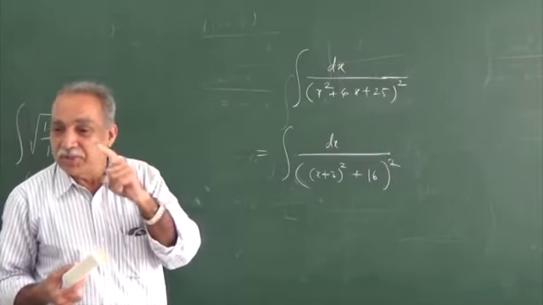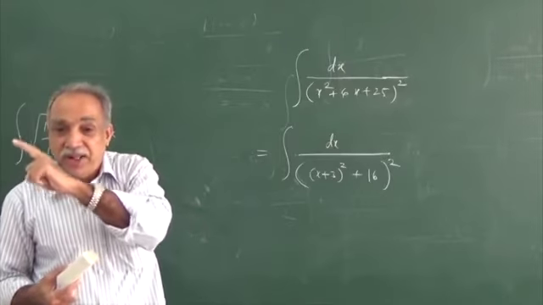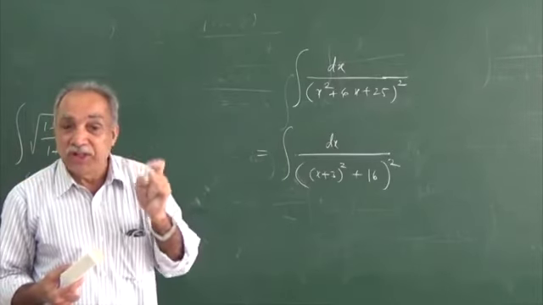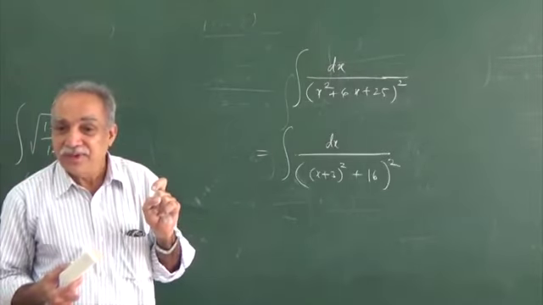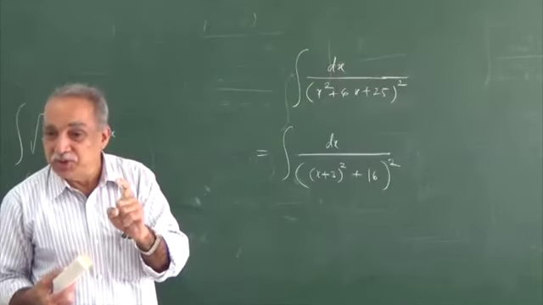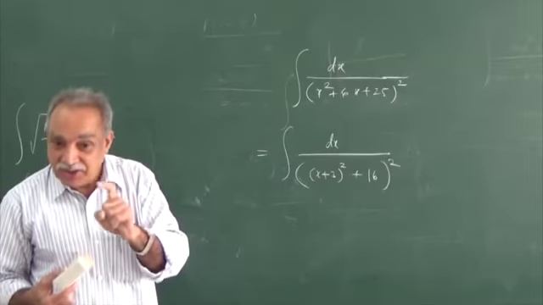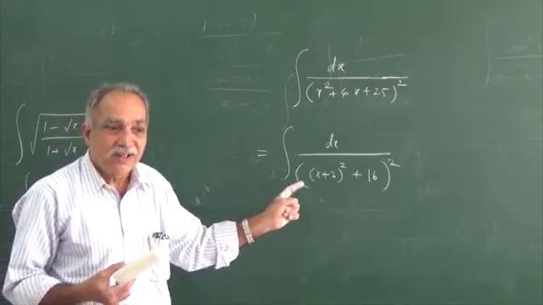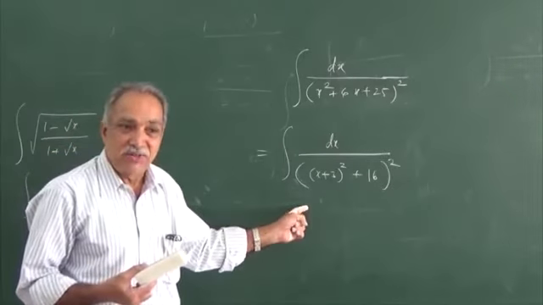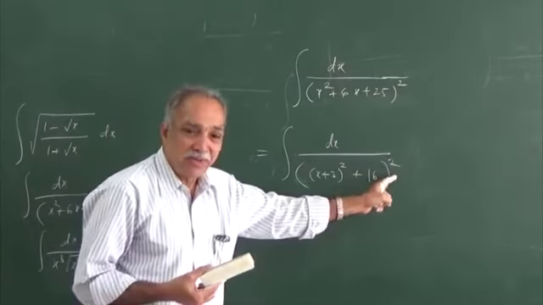How might we have derived that standard result? Integral 1 by x square plus a square equals 1 by a tan inverse x by a. How could we have derived that? Using a substitution, x equal to a tan theta. That idea is usable even in this situation, even when you have a higher power.